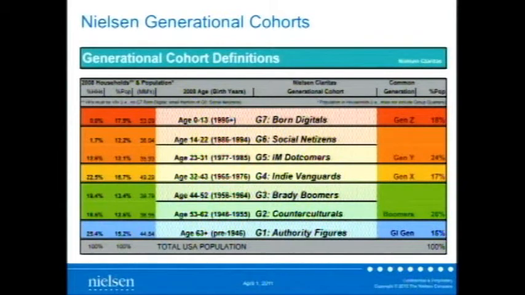They're very distinct groups in terms of what has shaped their events, what has shaped their values, and so we wanted to break that down as we did with Generation Y, and I'll explain that in more detail in a second.